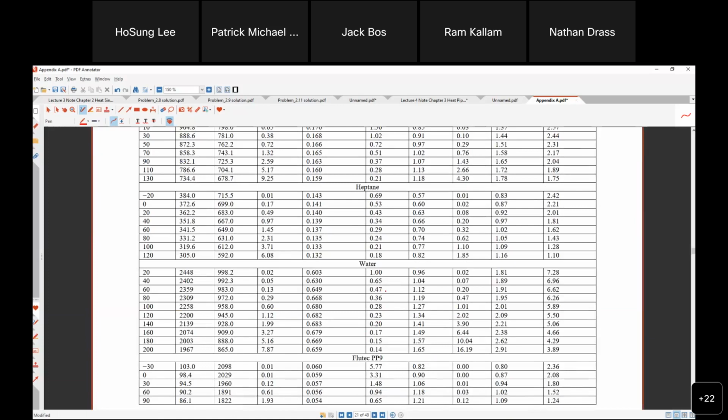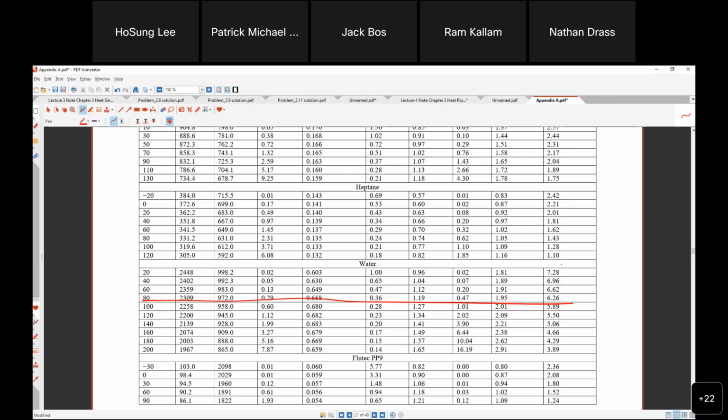Yeah, water is there. So 80 is here. So we're looking for the properties. I think the book is much better. A4. Yeah, water.